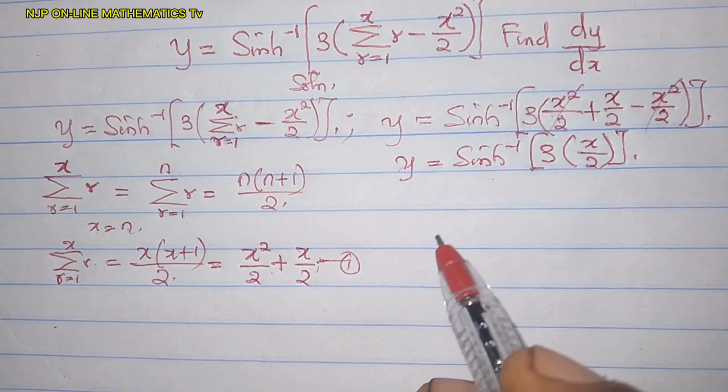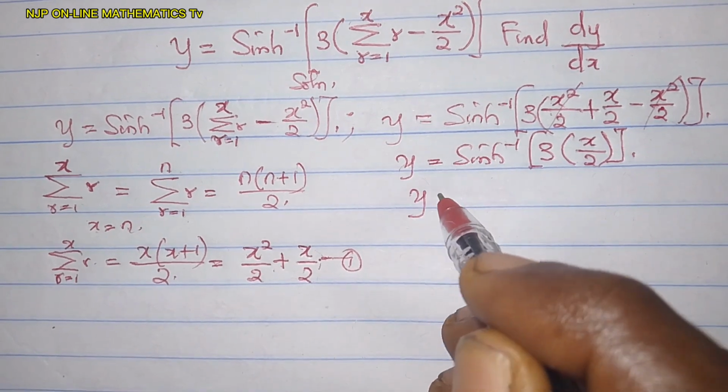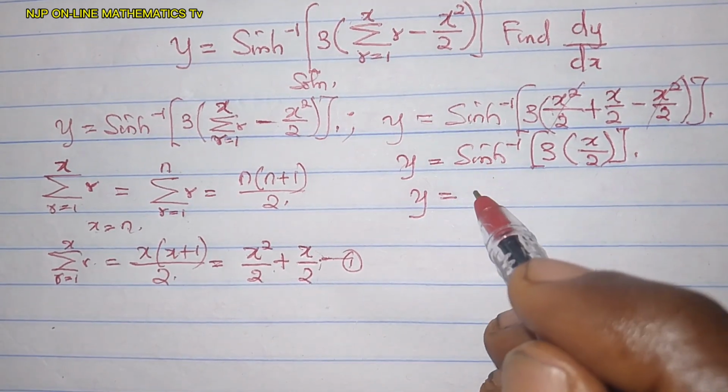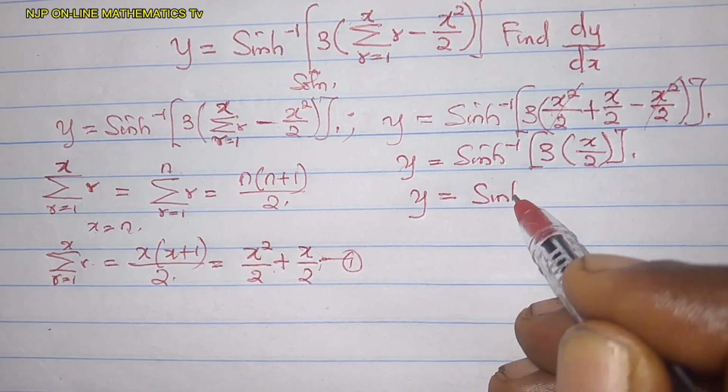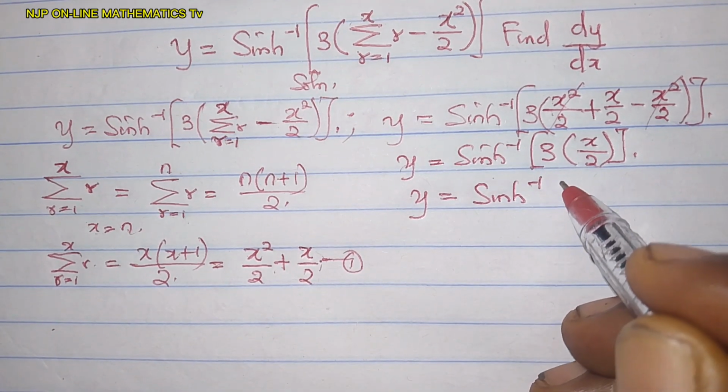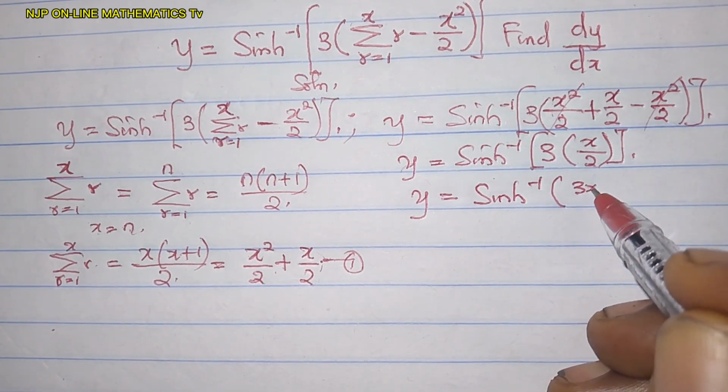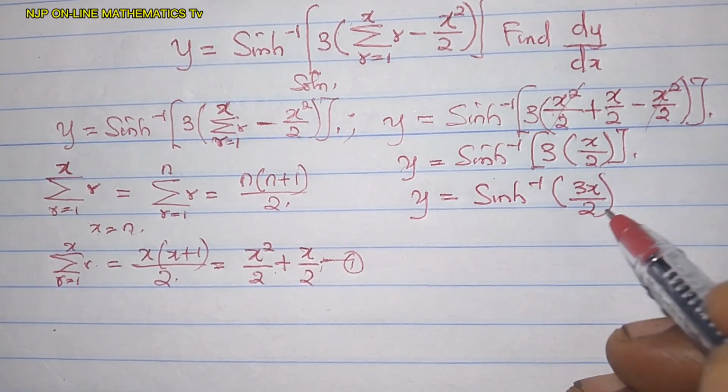So if we continue, y equals the sine inverse of 3x divided by 2.